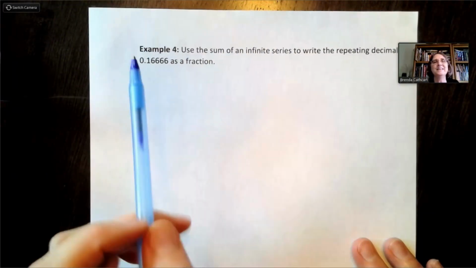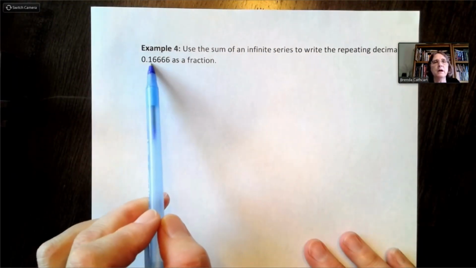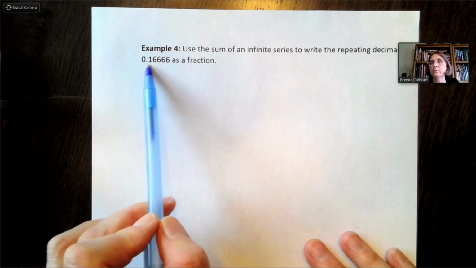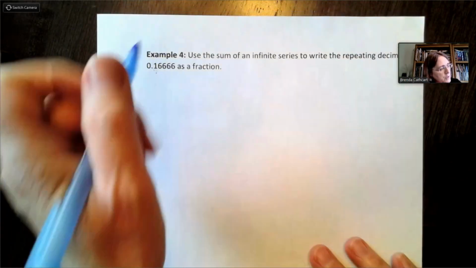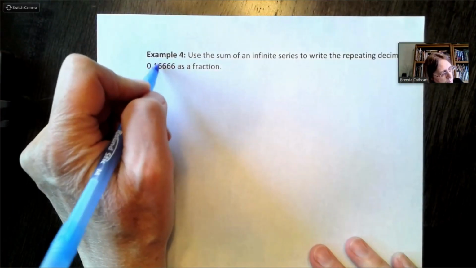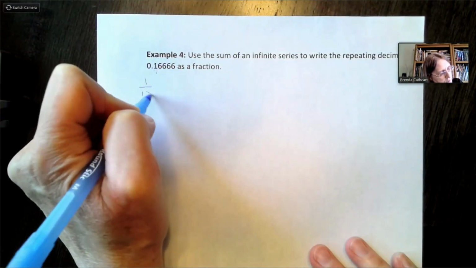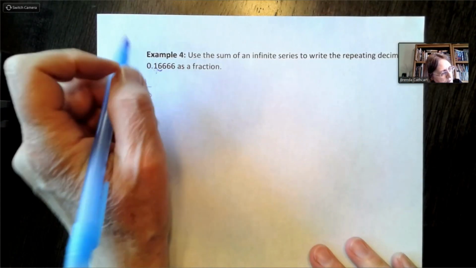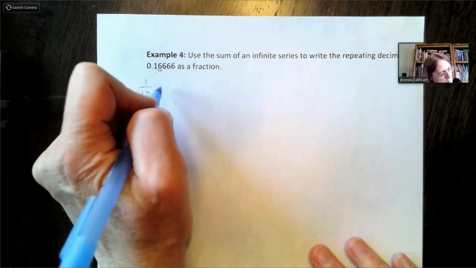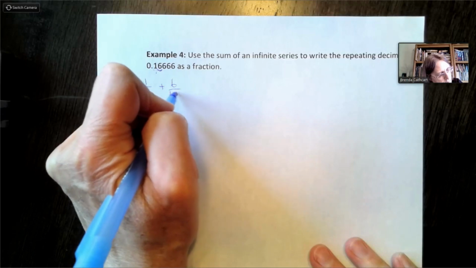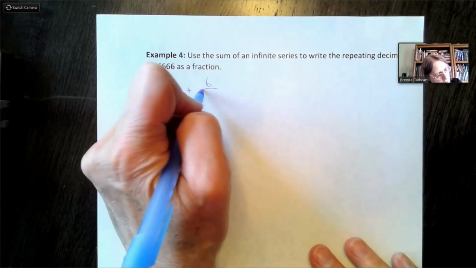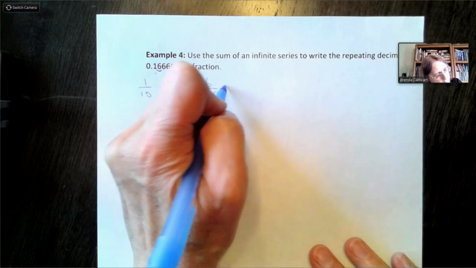This one's slightly different because we have a 0.1, a digit before the repeating part. So as we look at that, our first term here, 0.1, is the fraction 1/10. And now our repeating part is only one place value. This 6 is in the hundredths place, so we're going to add 6 hundredths. And then the next 6 is in the thousandths place, so 6 thousandths.